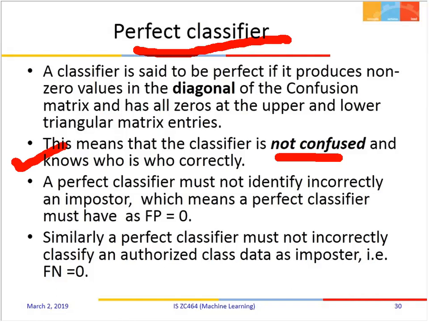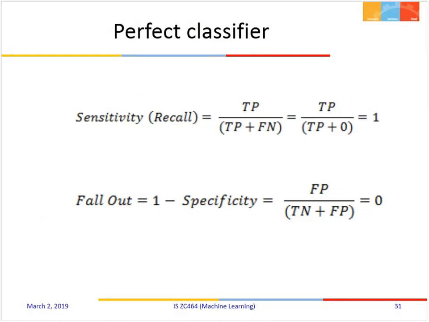A perfect classifier must not identify incorrectly an imposter, which means a perfect classifier must have false positive number as 0. Similarly, a perfect classifier must not incorrectly classify an authorized class data as imposter. That means false negative also should be 0, right? So FP is 0 and FN is 0 for the perfect classifier. Then what is the sensitivity value for the perfect classifier?